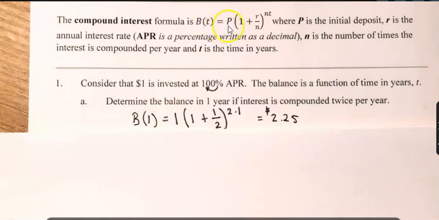B of 1 is equal to P, which is also a 1 because we started with $1, times 1 plus r. Well, if the interest rate is 100%, then r is actually 1 because you move your decimal point 2 places to the left to represent your percent as a decimal. The n is 2 because it's compounded twice per year, and then the exponent is 2 times 1. You can type this in at Desmos.com or on your graphing calculator, and you will get exactly 2.25.